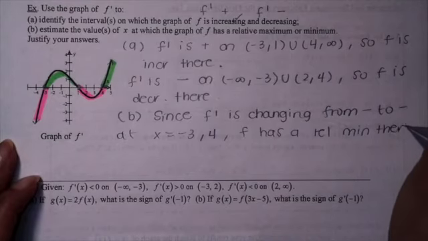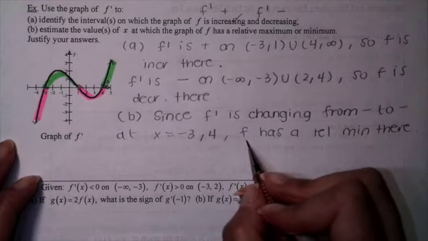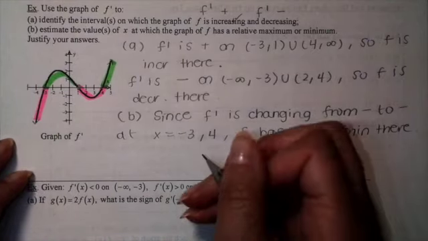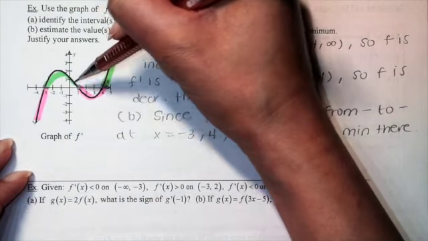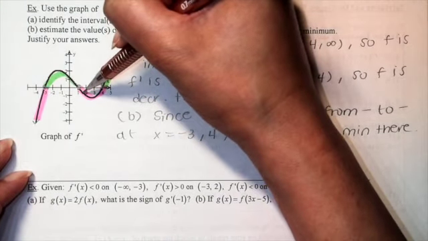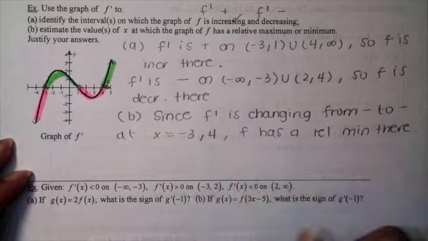Please note something very important. You are declaring the f. Similarly, what happens here? You're going to tell me what's up with this one. This one is changing from positive to negative, therefore you have a relative maximum there.